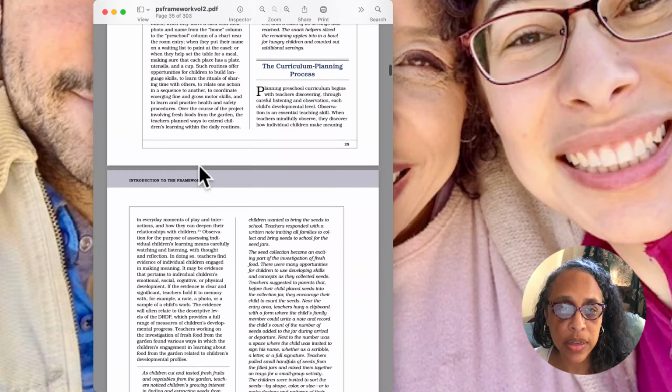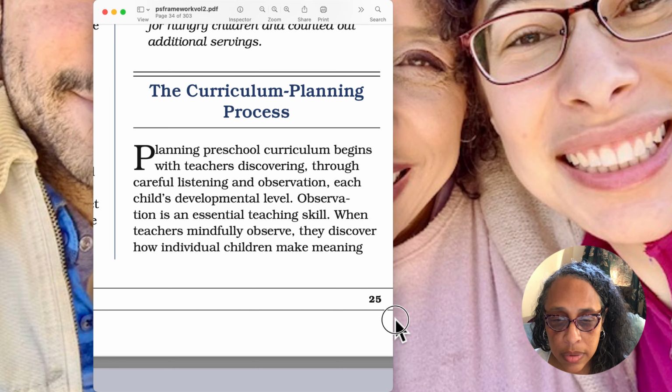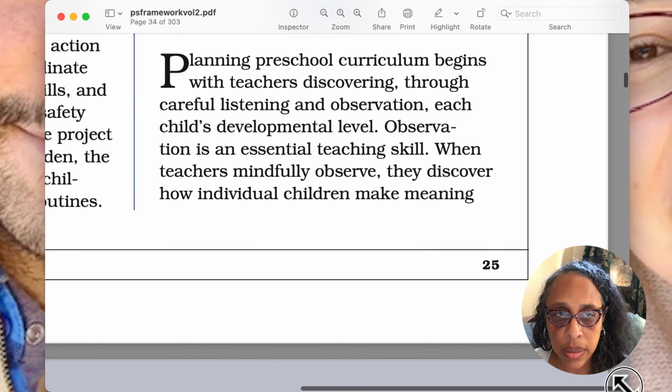It starts here at the curriculum planning process. That's what I want you guys to read about. You see how big I can make the words? If it's really hurting your eyes, you can blow it up. I have too many windows open here.